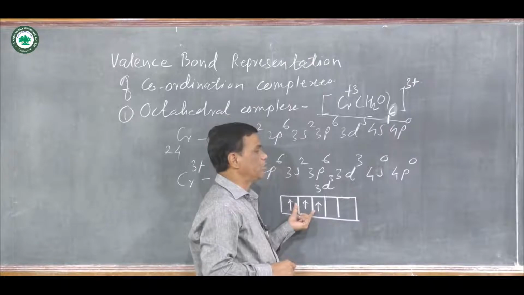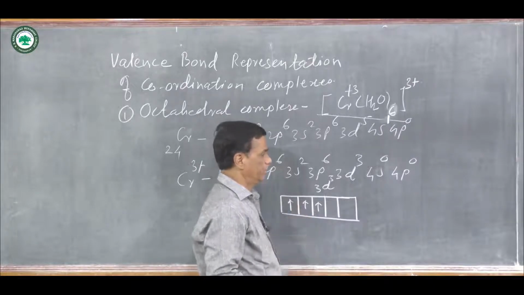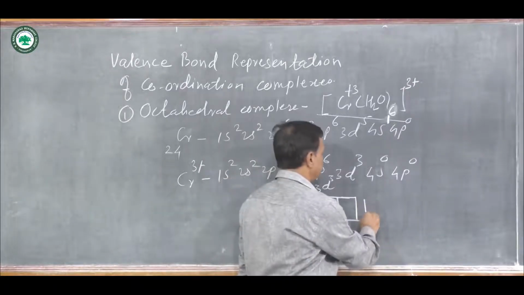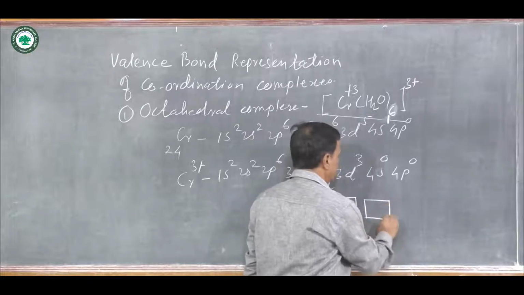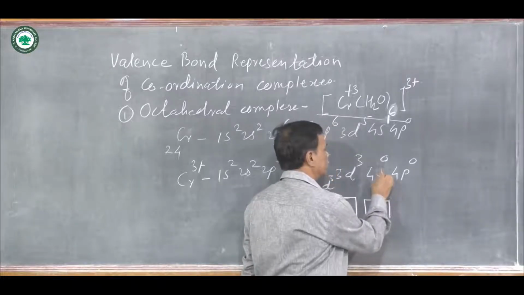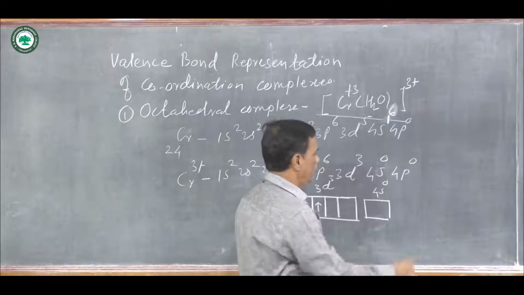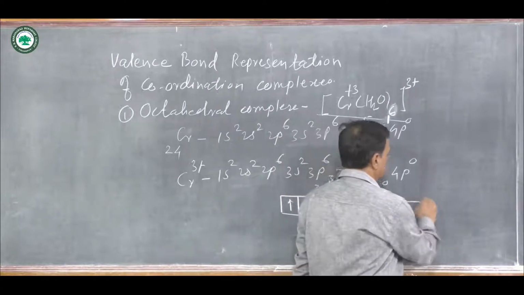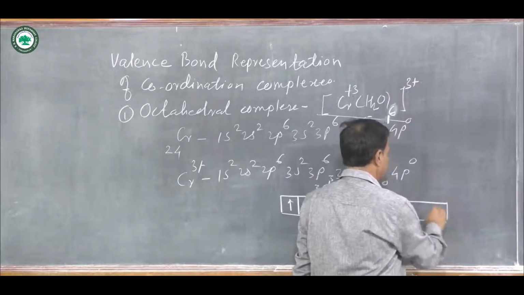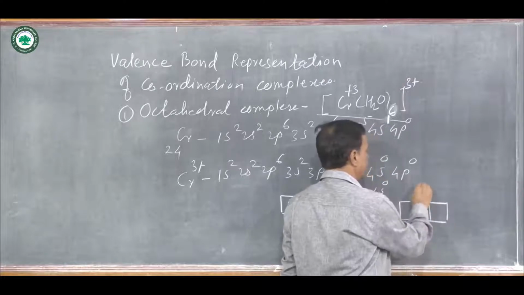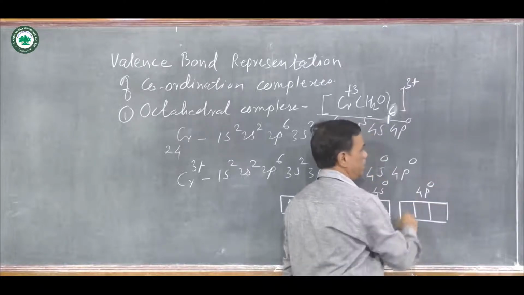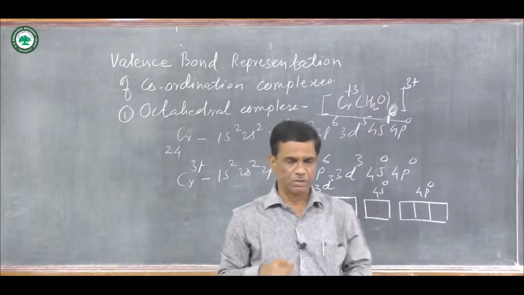There are 3 unpaired electrons in 3d. The 4s orbital contains 0 electrons, and the 4p orbitals, px, py and pz, also contain 0 electrons.